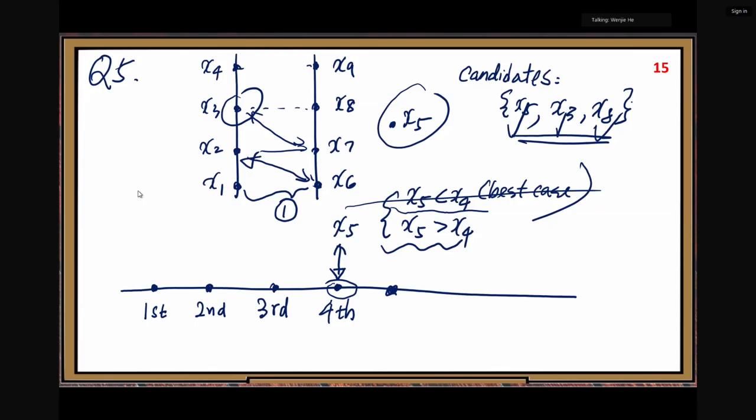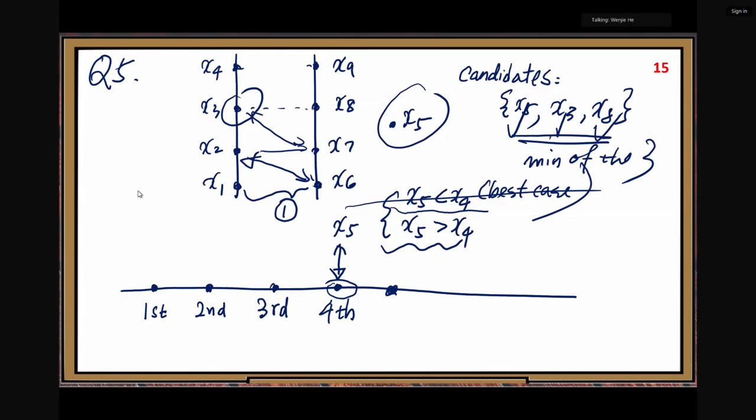So do you think the minimum of the three should be the fifth? The minimum of the three candidates is qualified for the median.